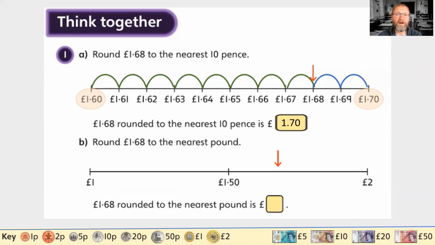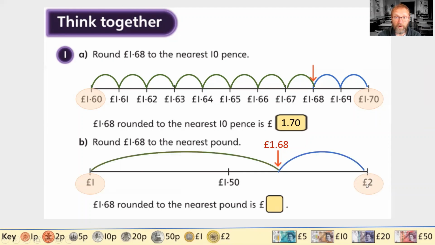Question 1B, round £1.68 to the nearest pound. Well, let's put £1.68 on our number line. If we rounded down, we would round down to £1. If we rounded up, we would round up to £2. So, are we going to round up or round down? Which is the nearest pound? Well, to round up, we would have to add 32 pence. We'd add 2 to the 8, and that would get us to £1.70.